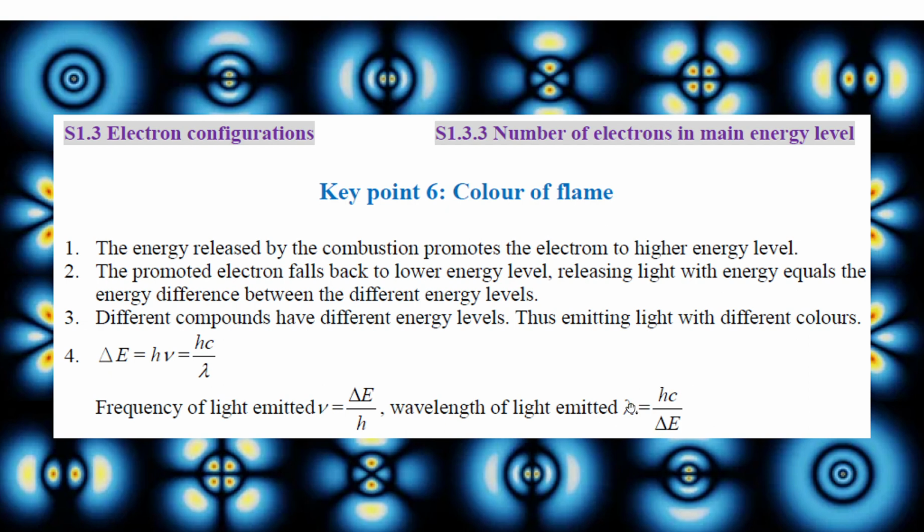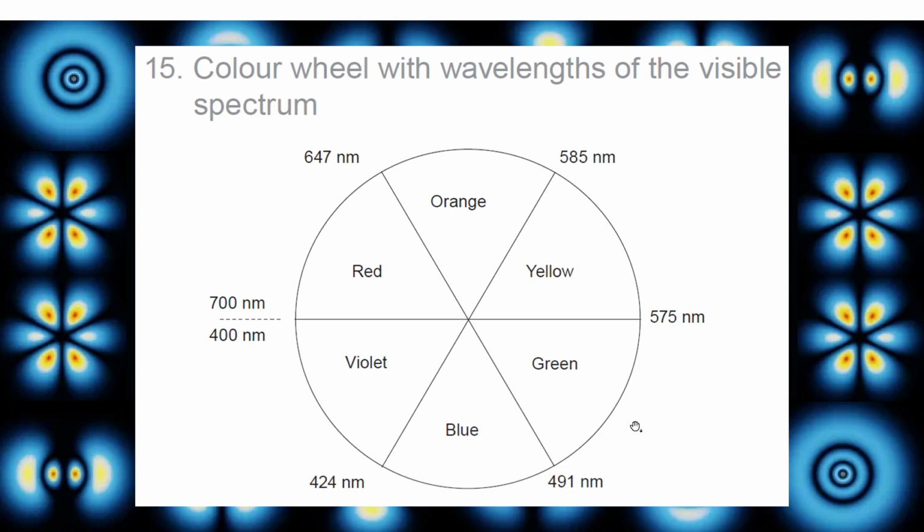The wavelength is hc over the energy gap. Remember all these things, you need to do lots of calculation. Very hard. After you find the wavelength, you can go to the data booklet, page 15 of our 2251. It tells you that for different ranges of wavelength, the color of the flame is like this.